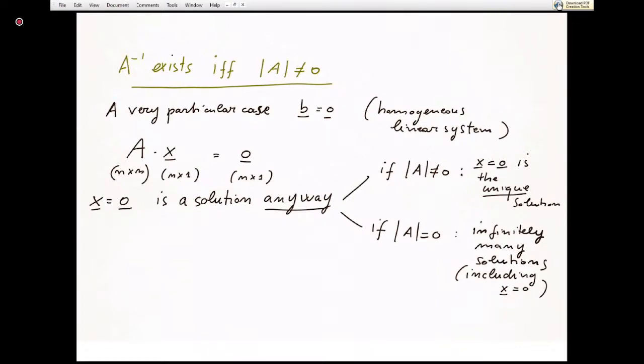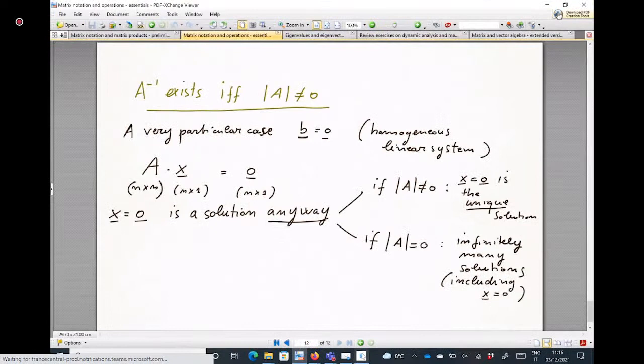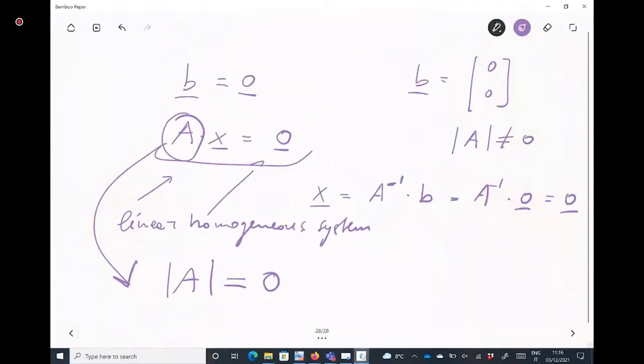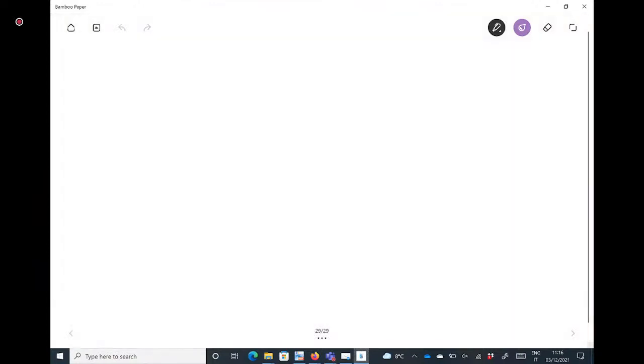So basically, let me show you, just to let you know what happens with the solution to linear systems of differential equations. Remember that if we have a linear differential equation with constant coefficients, we have x dot equal to minus ax plus b, right?